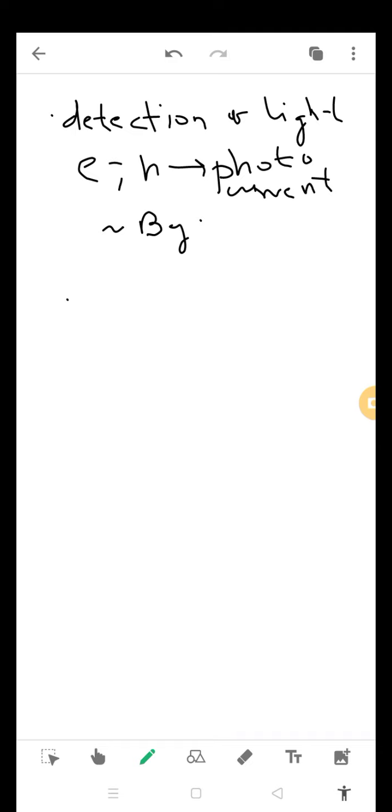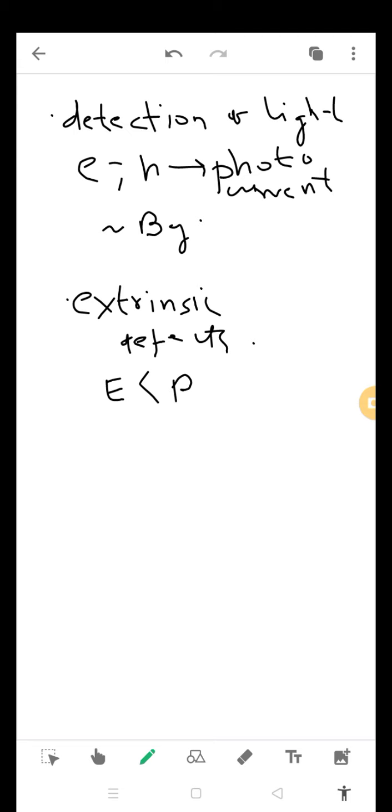Now if there are some extrinsic defects in the material or in the photodetector, then it implies that the energy is less than the band gap, because there will be some states formed in between the conduction band and the valence band due to the defects.